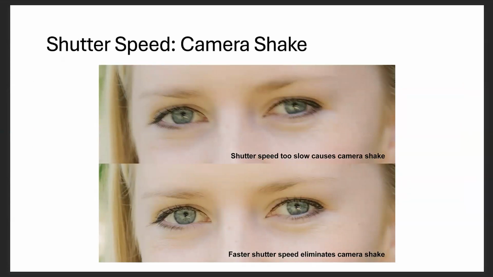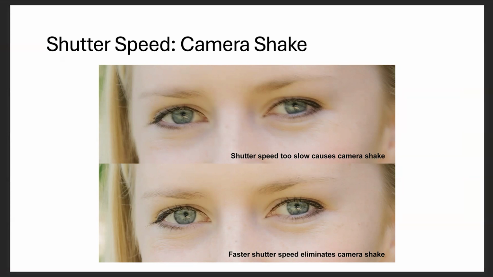Camera shake. When you are looking through the viewfinder and you are focusing your image, it's going to look like it's in focus, right? Because whatever you're seeing in the viewfinder hasn't actually been captured on your camera sensor yet.